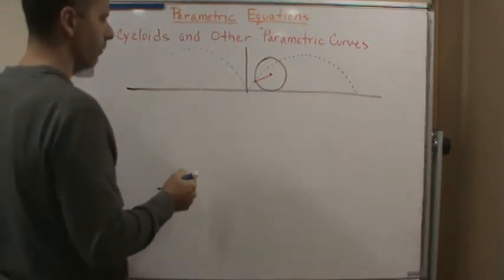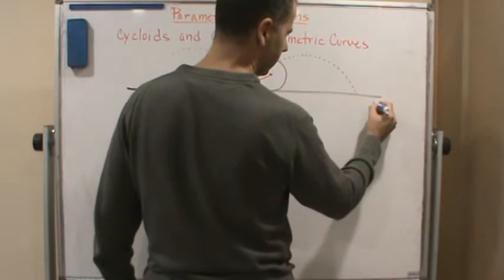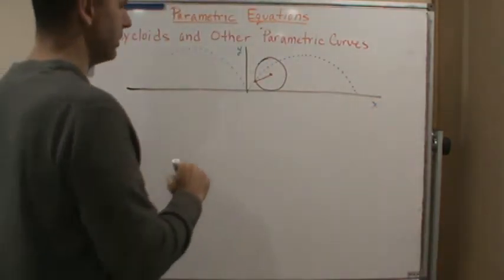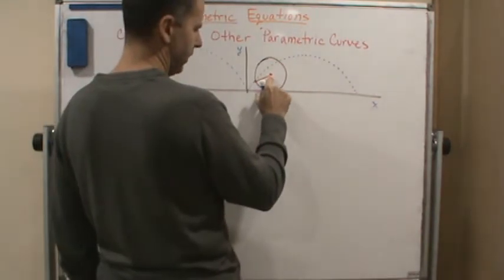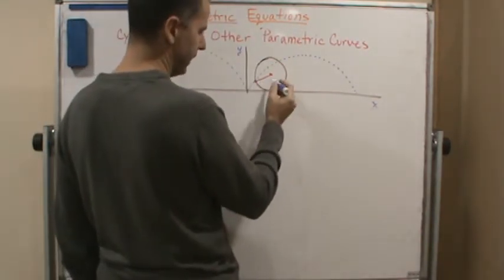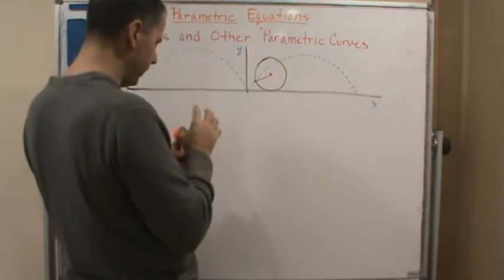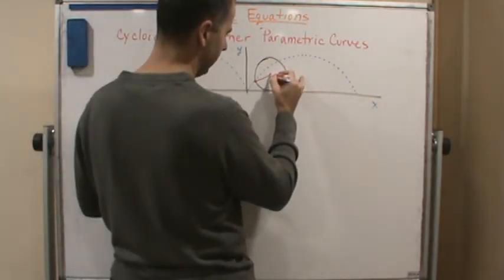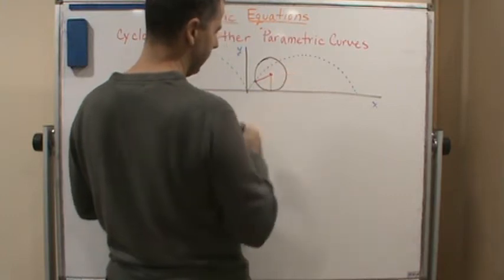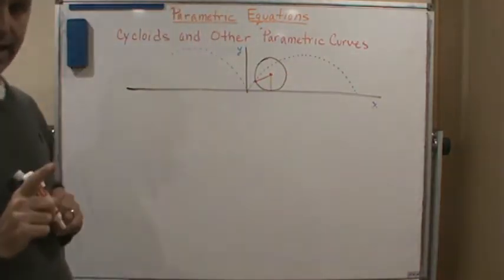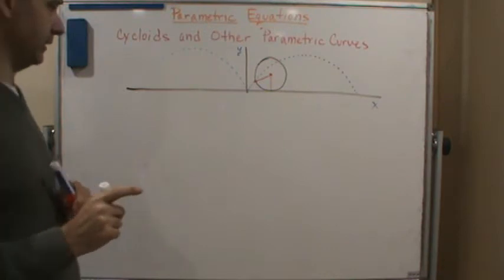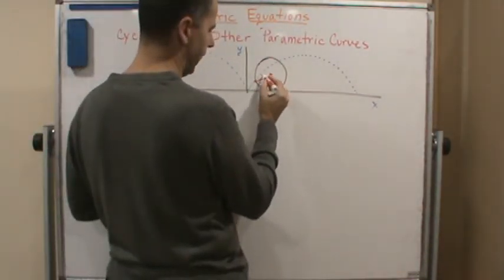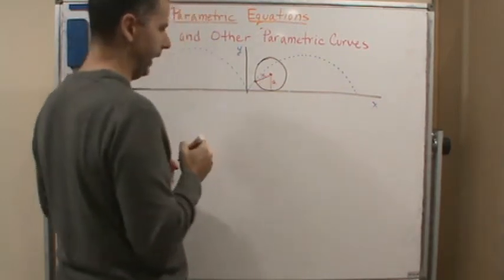This is the x-coordinate, this is the y-coordinate. Notice how high the center is above the x-axis. It has a radius, so it's one radius high above the x-axis. Let's call this distance A, which means this distance would also be A.